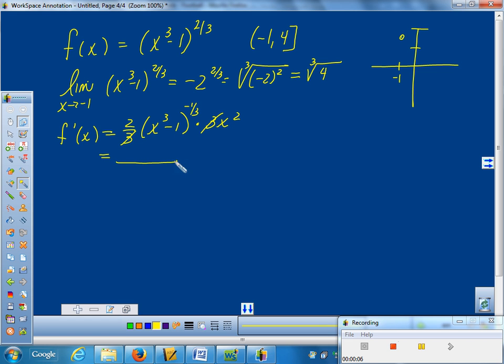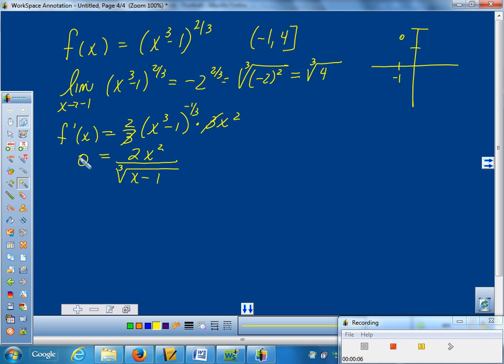Since that's a negative power, I'm going to drop it to the bottom. If you want to leave it as a 1/3, you want to put it in a cube root. I think you all see it better when you put it in roots. So that's what I'm trying to set equal to 0 and solve.